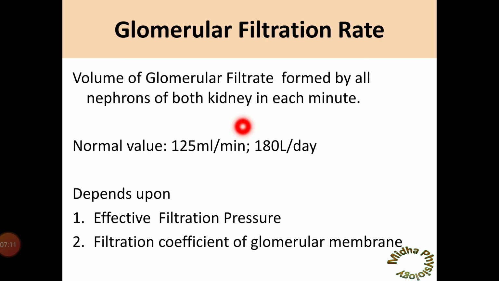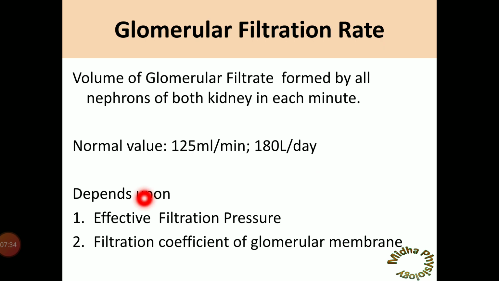The normal value is 125 ml of blood being filtrated, or 125 ml of ultrafiltrate being formed, in a minute. If you calculate it in a day, you find that 180 liter of blood is being filtrated in a day.